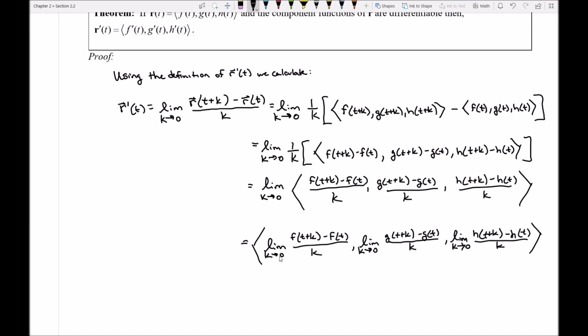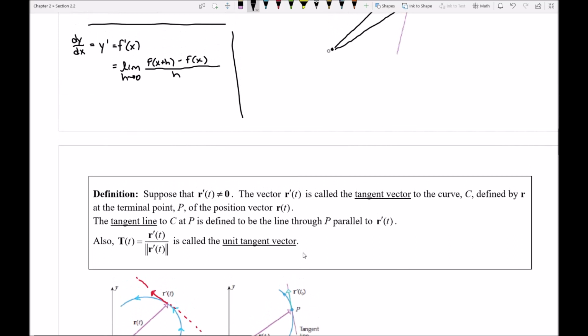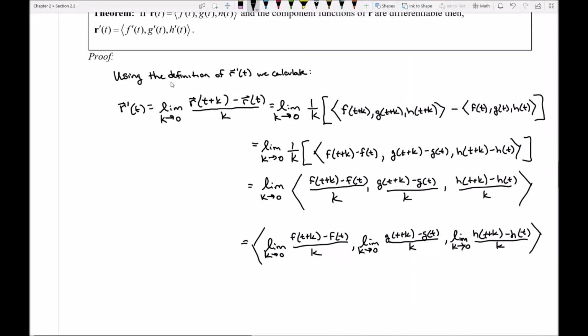Doesn't this limit right here, take the first component, doesn't that look unbelievably similar to this limit right here? I mean, go back and forth between those. The only difference here is that instead of a t, we have an x, and instead of an h, we were using a k. But we have the exact same basic structure. And it's the same thing over here, except we're just dealing with a different function. And same thing over here, we're just dealing again with a different function called h.